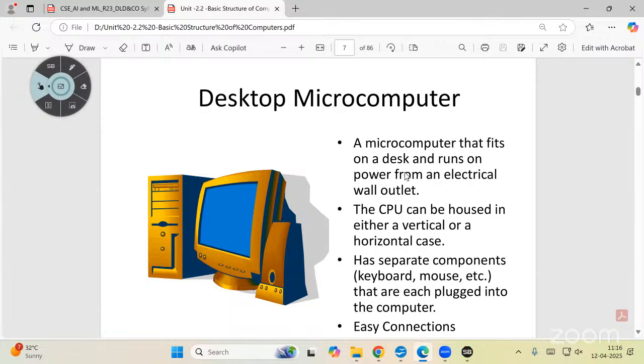Okay, so we are connecting the central processing unit cabinet and monitor. That wire is called the RS-232. RS stands for recommended standard. 232 is the number. So we are connecting this monitor and the CPU cabinet with RS-232 cables. That is the personal computer and desktop computers.